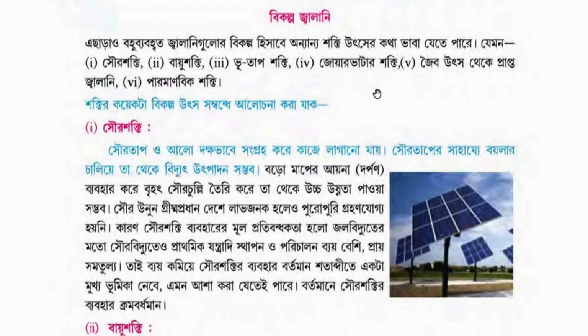How are they being formed? Actually coal is the fossilized form of plants which had gone under the soil millions of years ago. Petroleum and natural gases are the fossilized forms of animals which have gone underground millions of years ago.